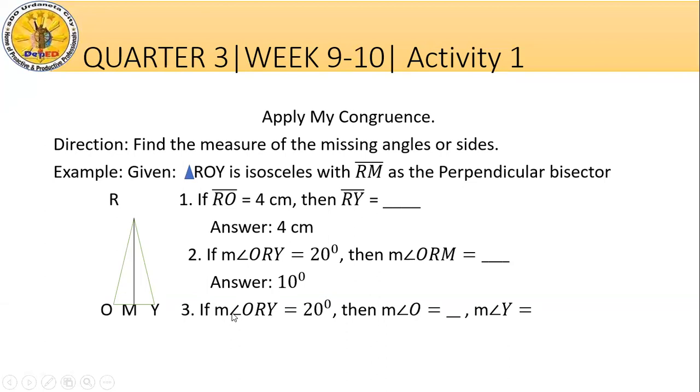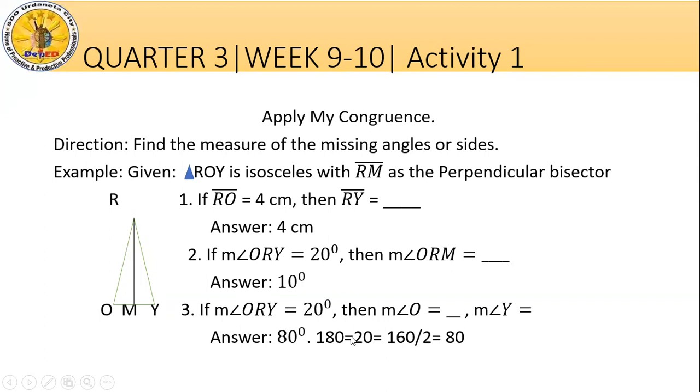Number 3, if the measure of angle ORY is equal to 20 degrees, then what is the measure of angle O and the measure of angle Y? Since angle O and angle Y are base angles, then the sum of the measures of the angles in a triangle is equal to 180.